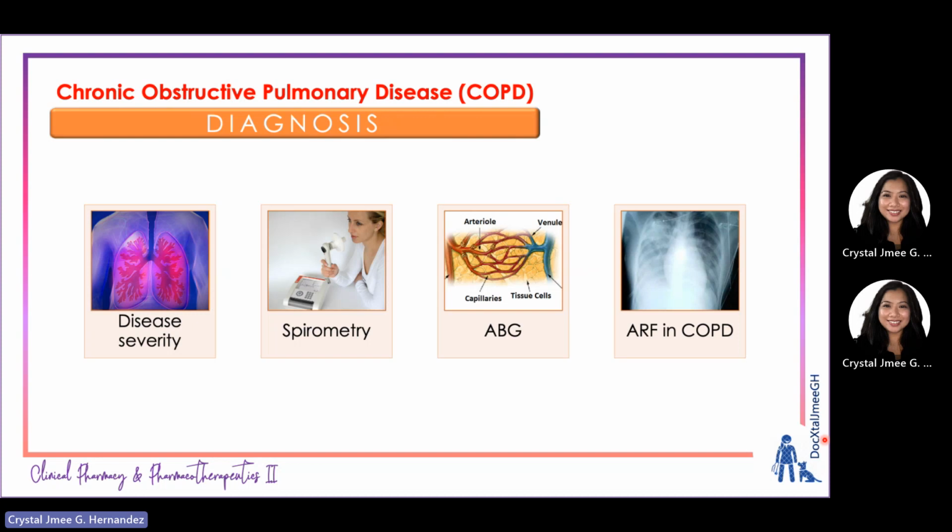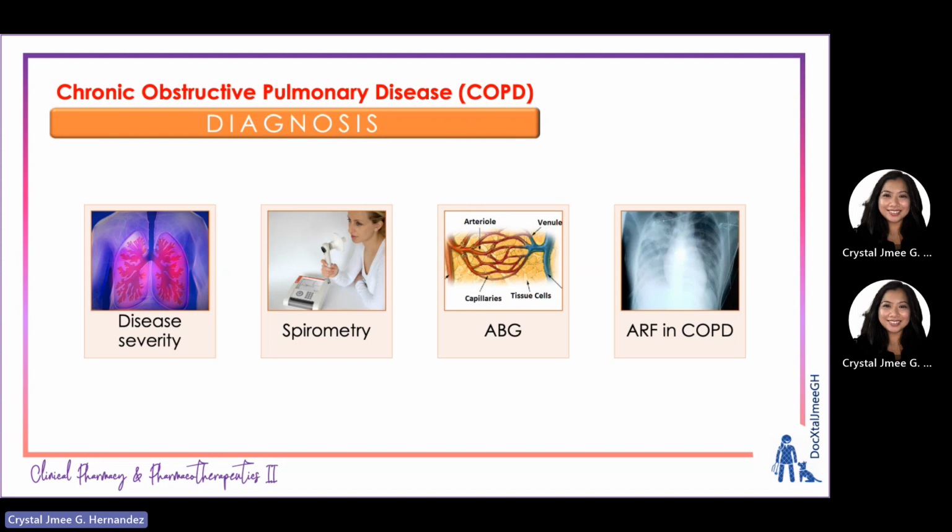We also have ARF in COPD. When we say ARF, this is acute respiratory failure. Normally this is diagnosed based on an acute drop in the partial pressure of oxygen of roughly 10 to 15 millimeters of mercury, or an acute increase in the partial pressure of carbon dioxide that eventually decreases the serum pH to less than or equal to 7.3.